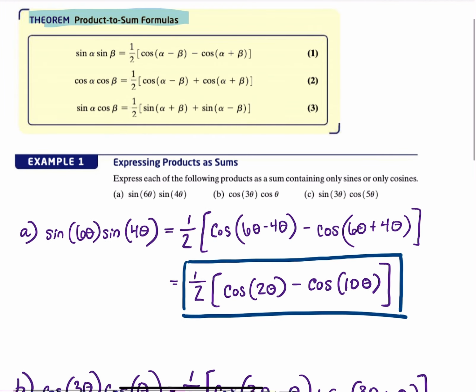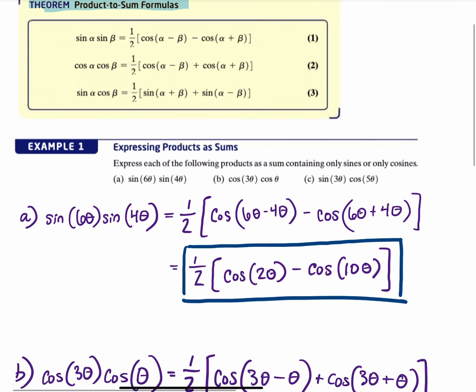So that one is our third formula here. So 1/2 times the sine of the sum of the angles plus the sine of the difference of the angles. So let's use that.